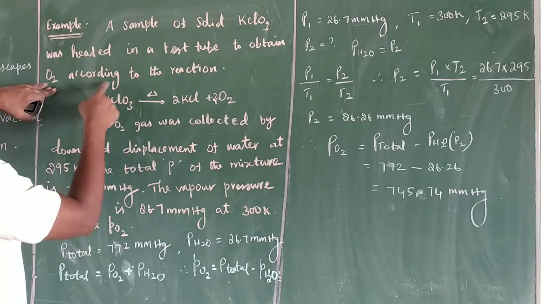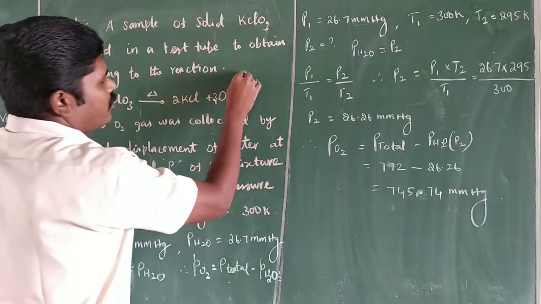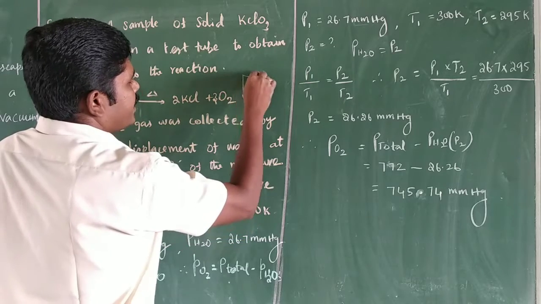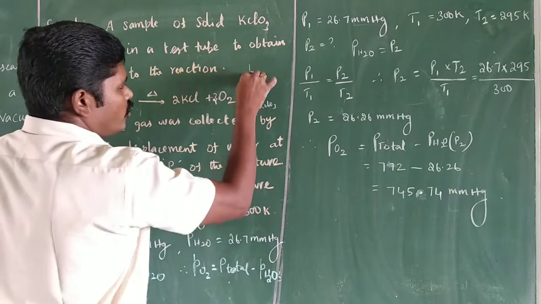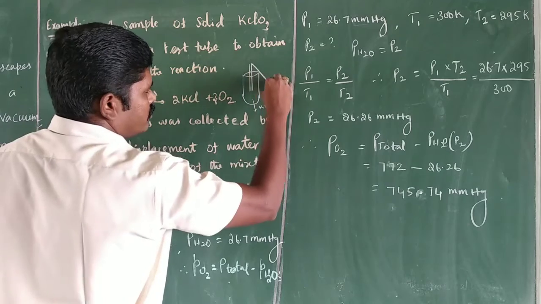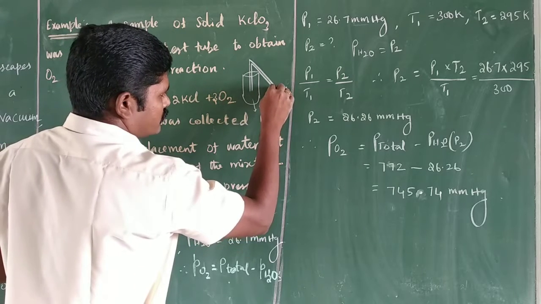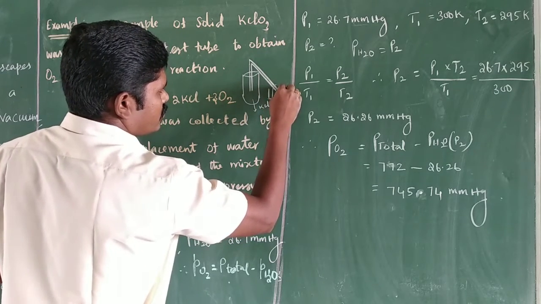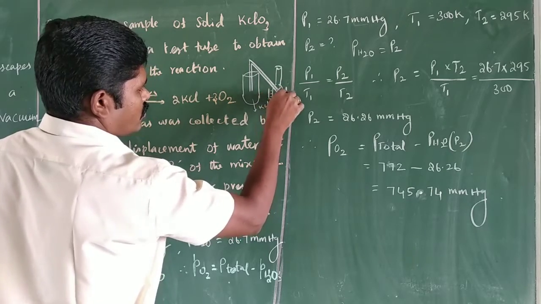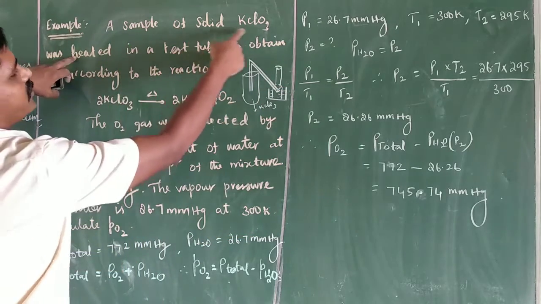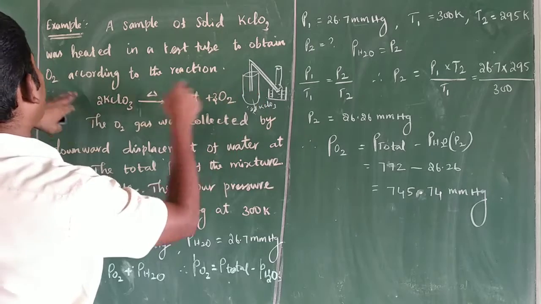Okay students, example: a sample of solid potassium chlorate was heated in a test tube to obtain oxygen.